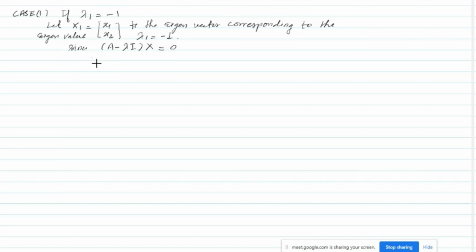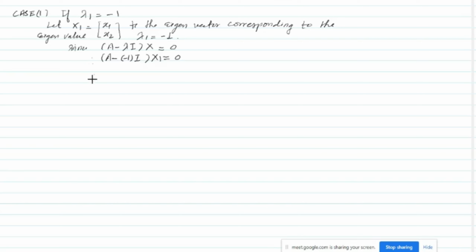So therefore this becomes A minus lambda 1, which is -1, I into x equal to 0. Here you write x1, so x1 is equal to 0.